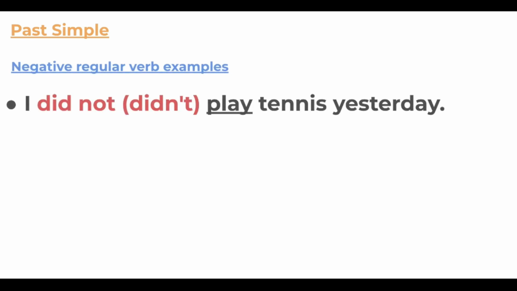I did not, or in other words, I didn't play tennis yesterday. So we don't want to say I didn't played tennis yesterday. We're expressing the past tense with did not, so we can follow that with the base form. This is just something to be aware of because it can be quite confusing, the fact that we want to use the base form of the verb here.